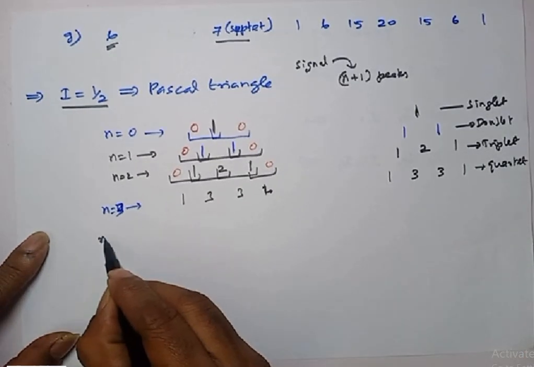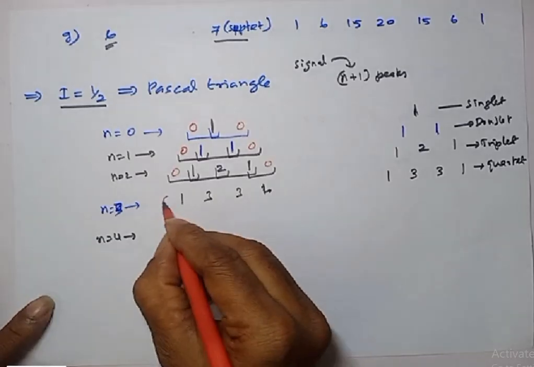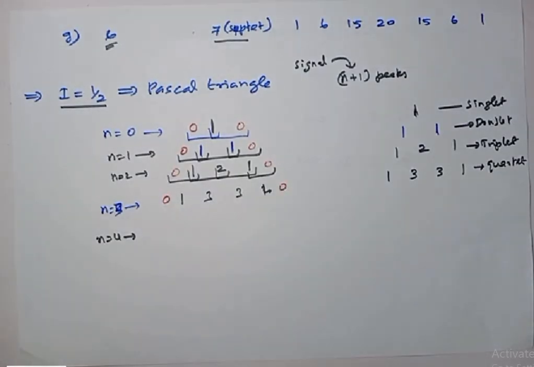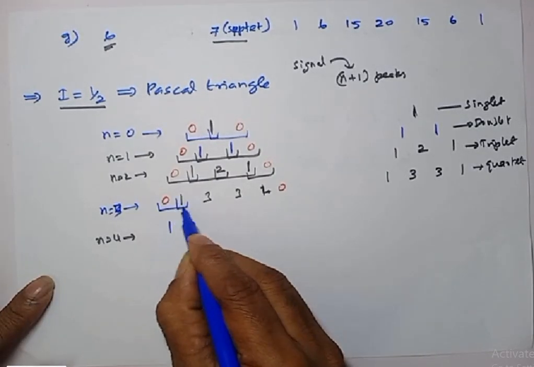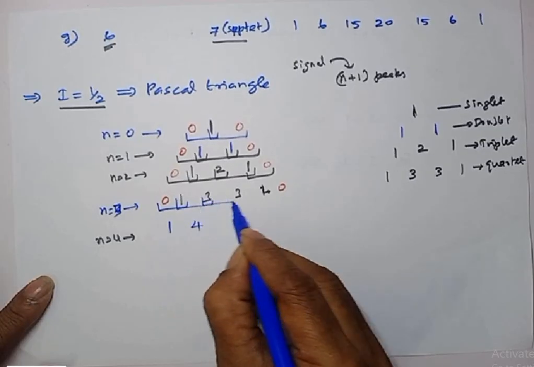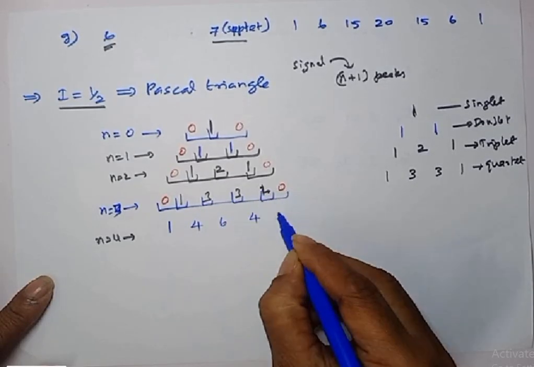If n is equal to 4, then add zeros on both sides and follow in a similar manner. Add zeros on both sides, then add 2 numbers each. If I add these 2 numbers, I'll get 1. If I add these 2 numbers, I'll get 4. 3 plus 3 is 6. 3 plus 1 is 4. 1 plus 0 is 1.